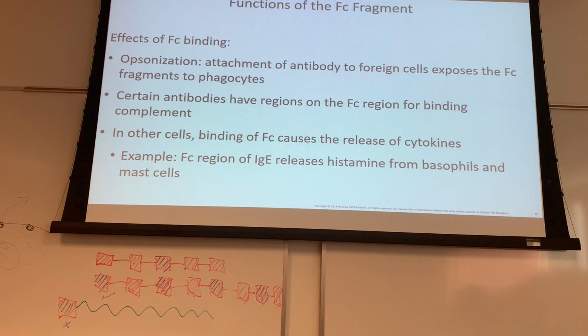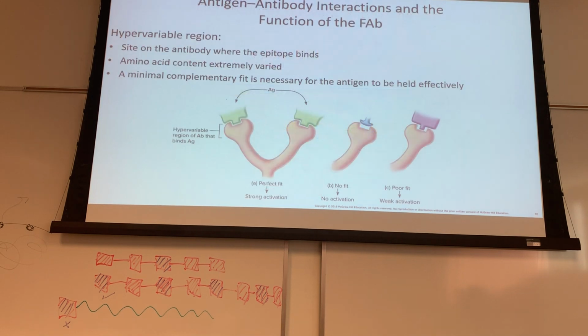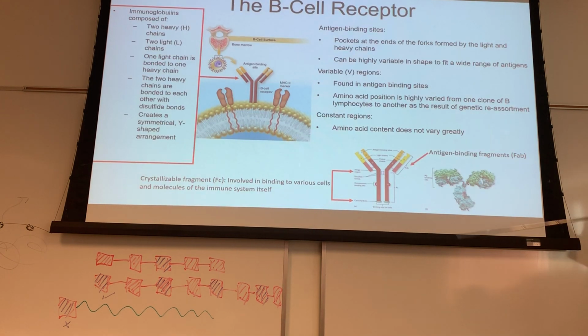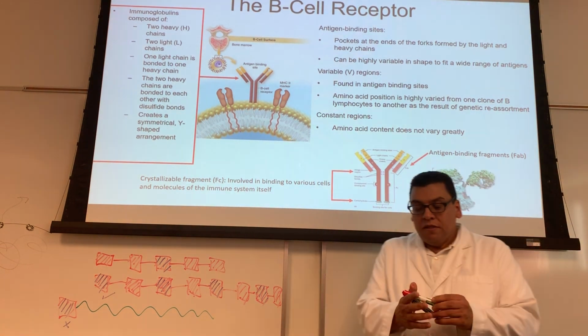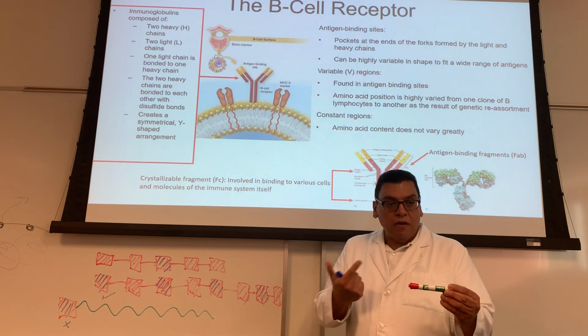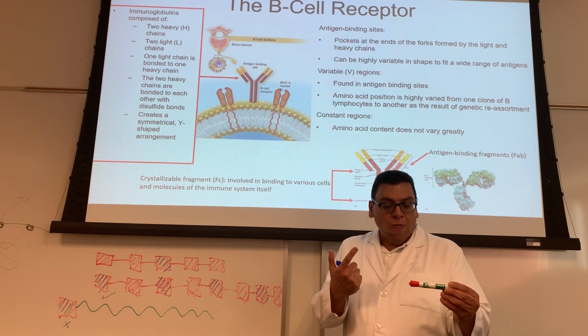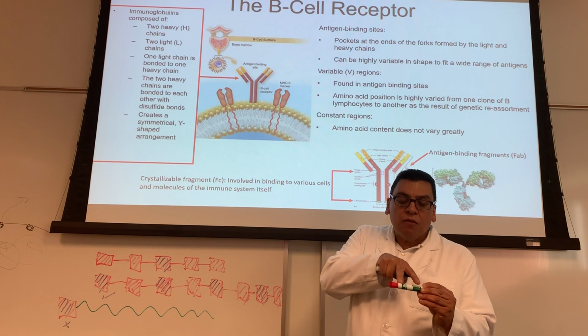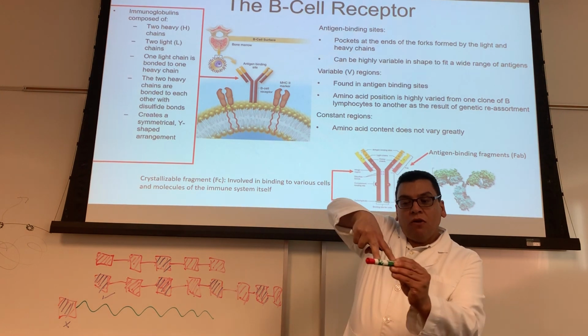Do you remember the FC part of the antibody that I talked to you about? This part right here. That's involved in complement binding. I told you in the previous chapter that the pathogen, the bacteria moving by the complement 1, C1, is tagged with an antibody. So it looks like this, watch.